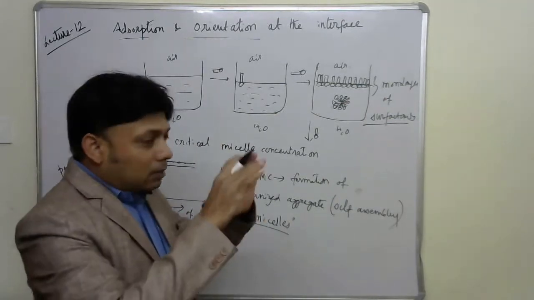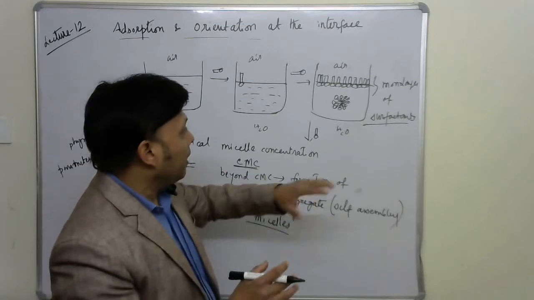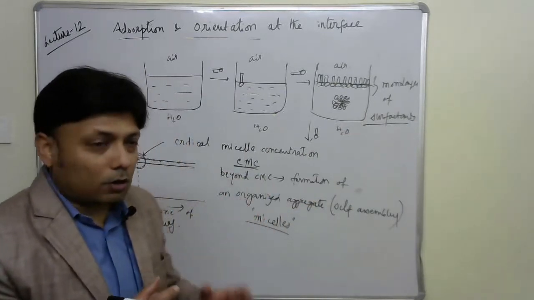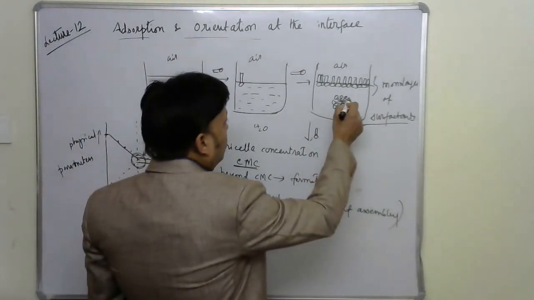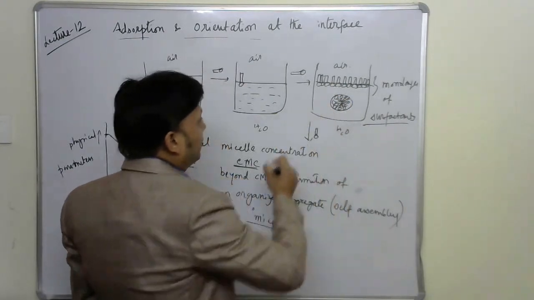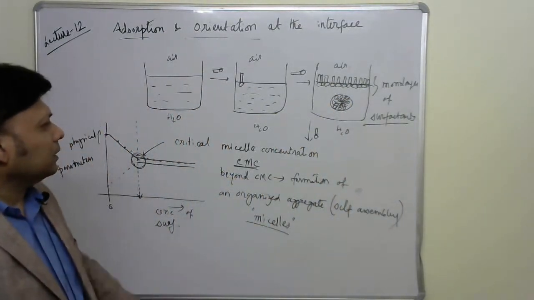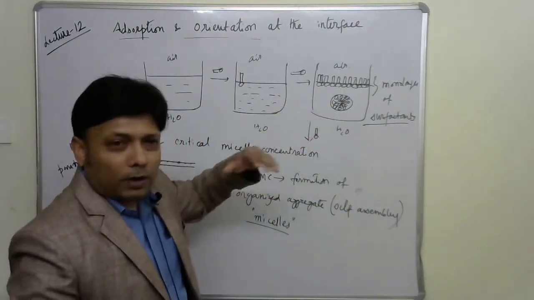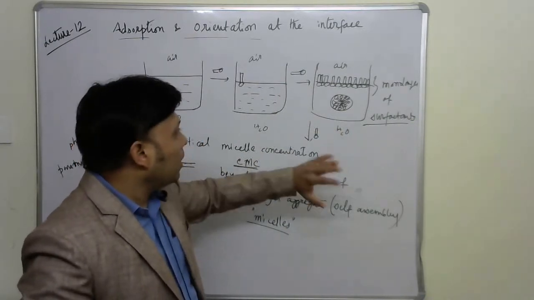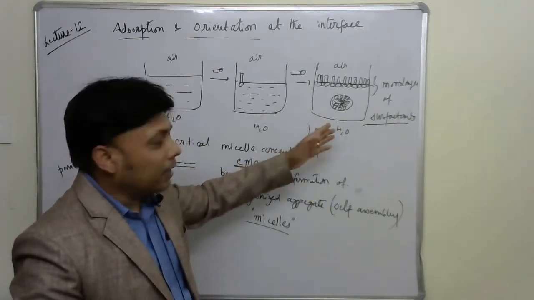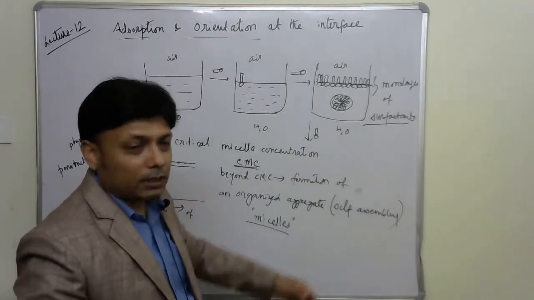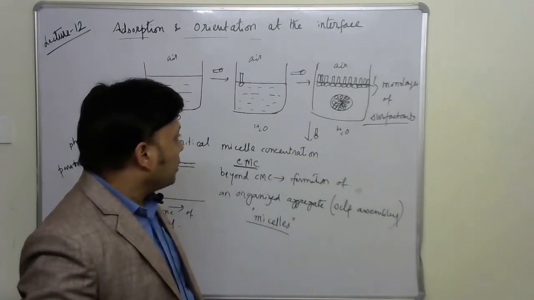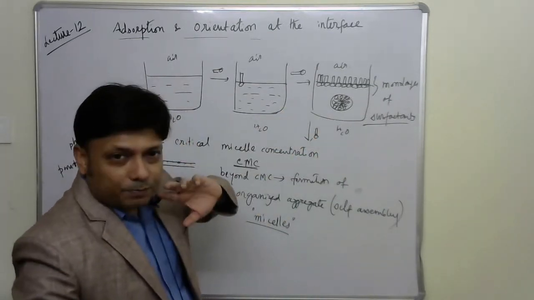Outside the pocket the hydrophilic group would be there, and that would interface with the water molecules. The self-assembly may not always be spherical, it could be other interesting shapes, and we will talk about that in the next lecture. But the self-assembly is called micelles.